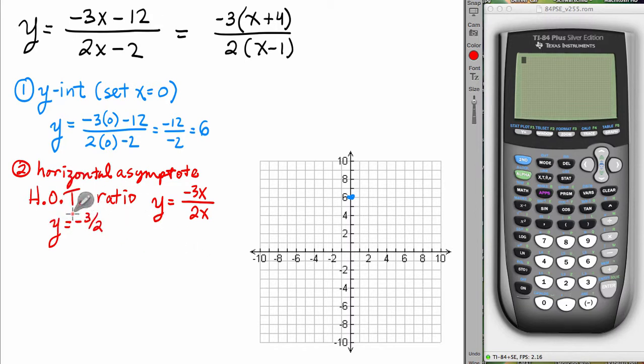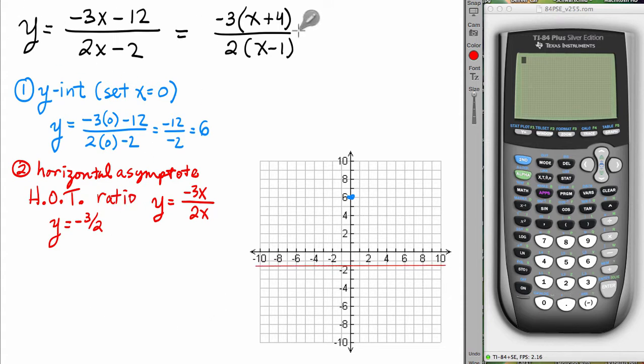And that is the equation of the horizontal asymptote. So I'm going to go back over to the sketch, throw in a horizontal asymptote at y equal negative 1.5. I've just put that in the wrong position. I'm going to fix it. Y equals negative 1.5. That's the same as negative 3/2.